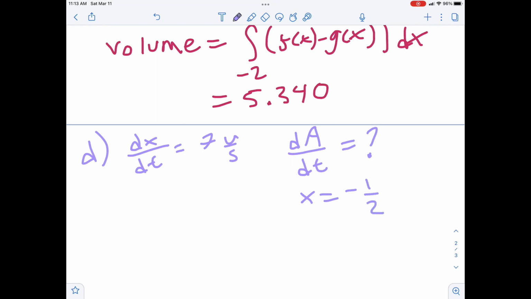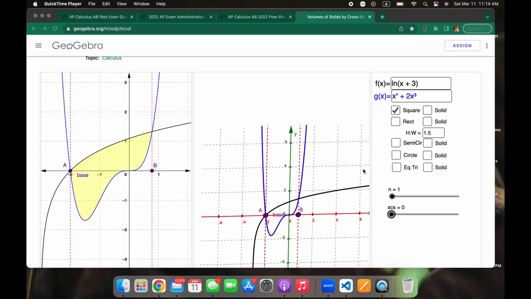So I want to show, using some software, what this actually looks like. What I have shown on my screen is my two graphs, f of x and g of x, which you can see in the upper right corner. My top graph is natural log x plus 3.